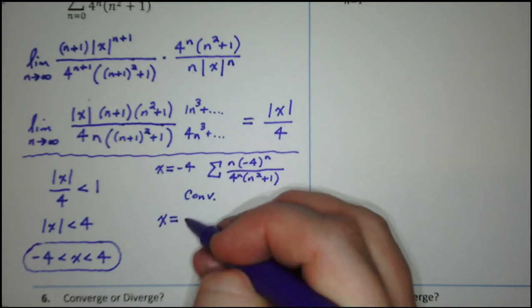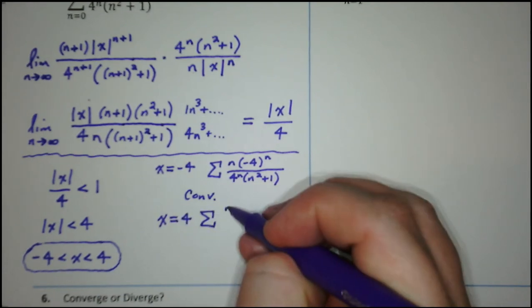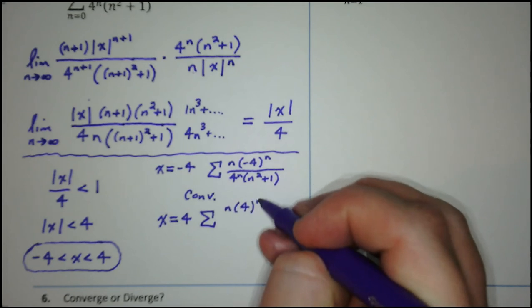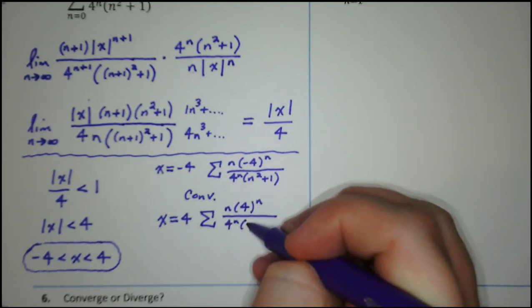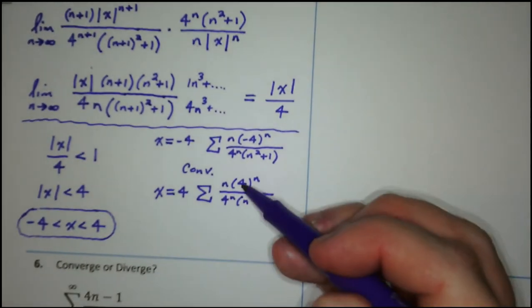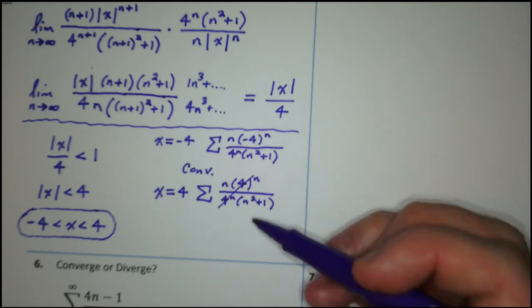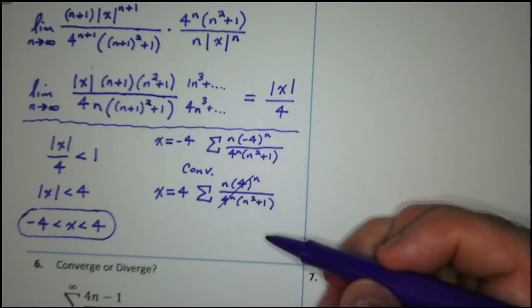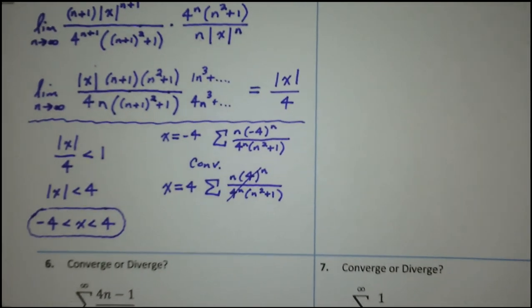Now if we let x equal +4, these kind of cancel out, and you're left with just n over n squared plus 1. Now, I don't want to drag this out any more than I have to.